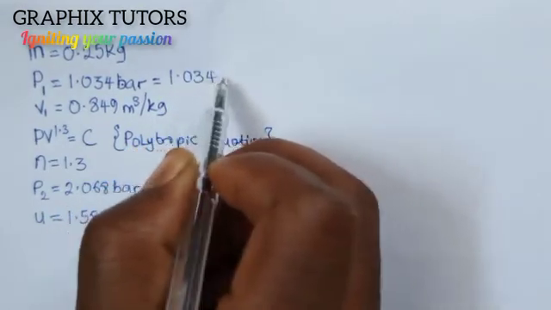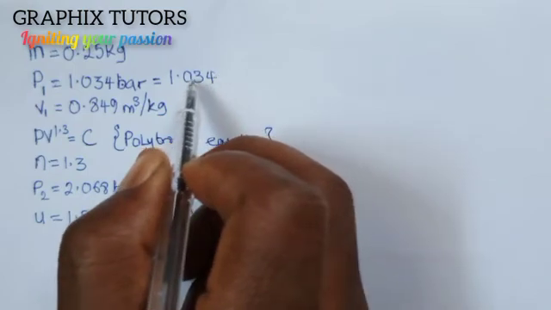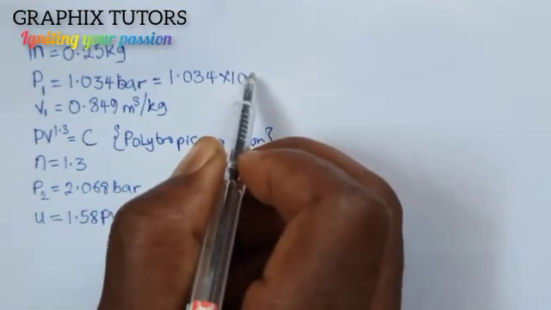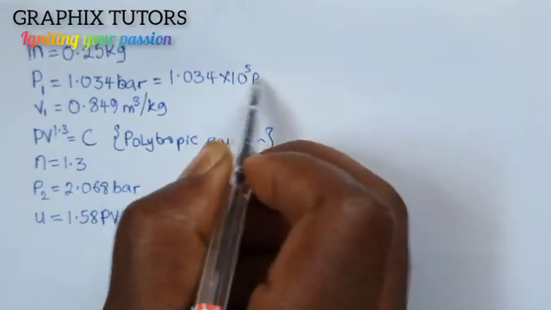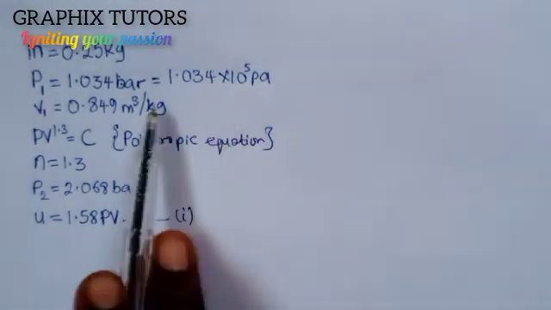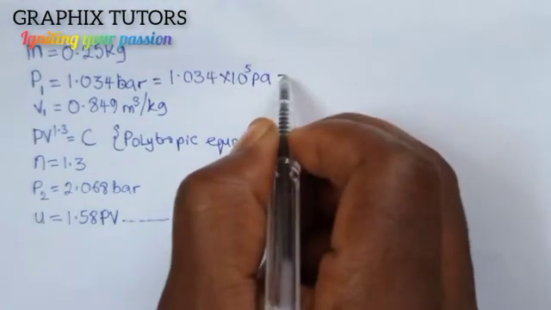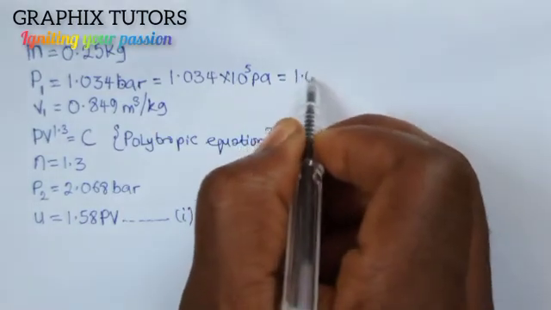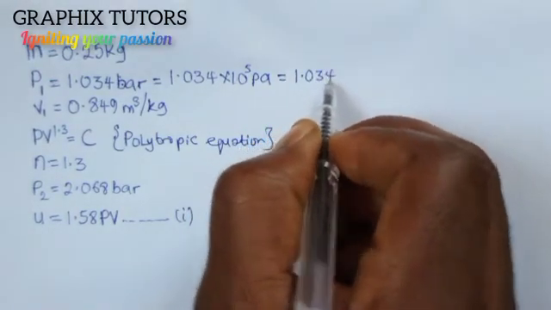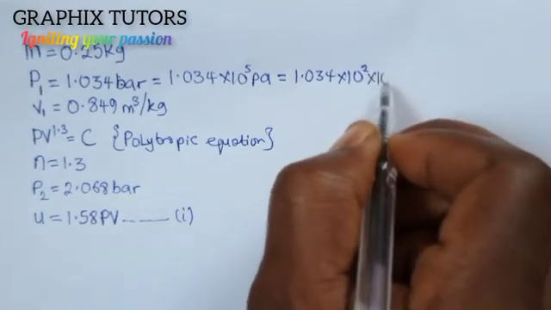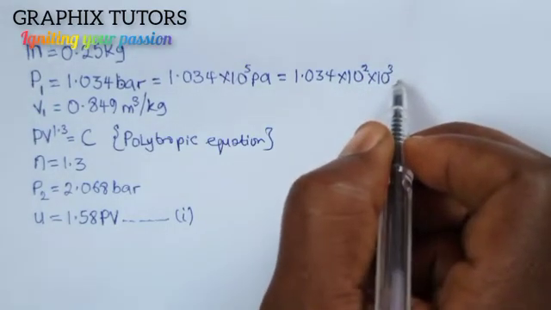So 1.034 bar is just saying 1.034 times 10 to the power 5 Pascal. Now, using the law of indices to split this up, I have 1.034 times 10 to the power 2 times 10 to the power 3 Pascal.